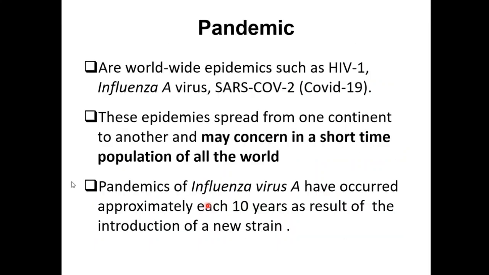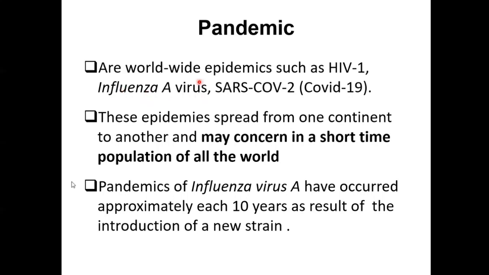A pandemic, we now have COVID-19, which has crossed borders. It may concern, in a short time, the global population. So that is when the pandemic comes in, when it concerns the global population in a very short time, like COVID-19 did. We have HIV-1, which is all over.